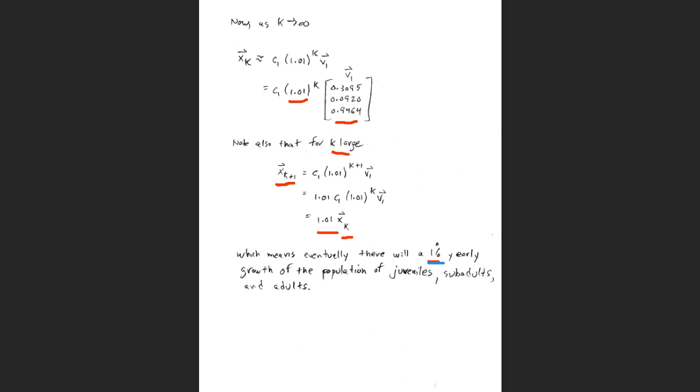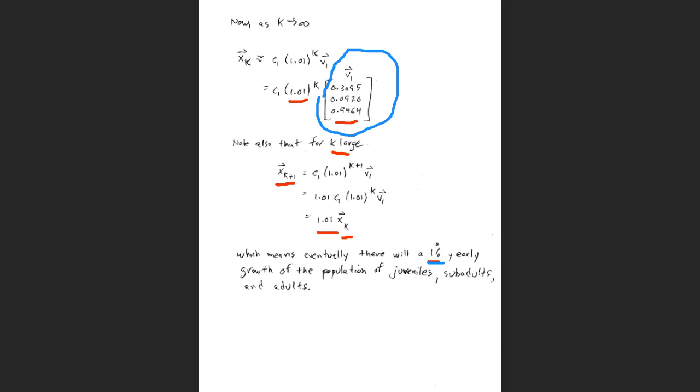But we also might want to know some other ideas. So, for instance, let's make use of the eigenvector. We have an eigenvector here, and that should have some meaning for us. We should be able to make use of that.